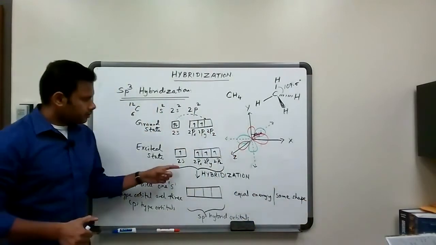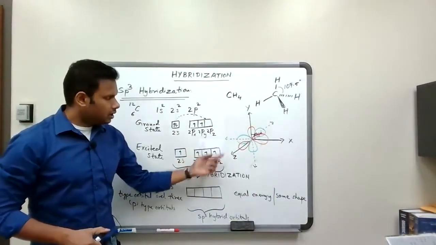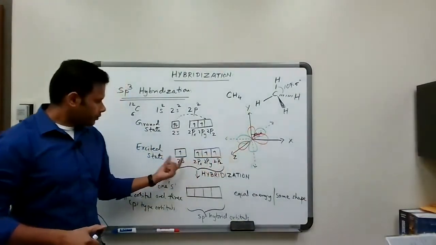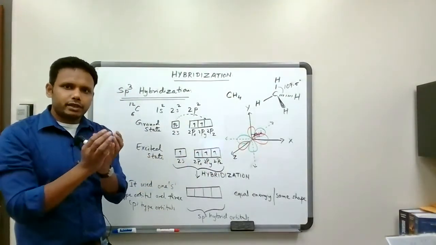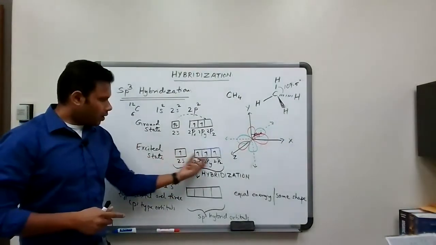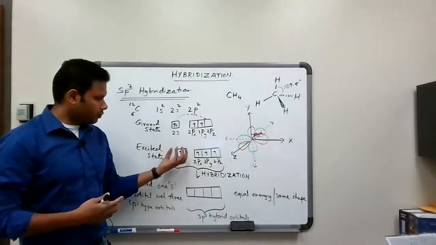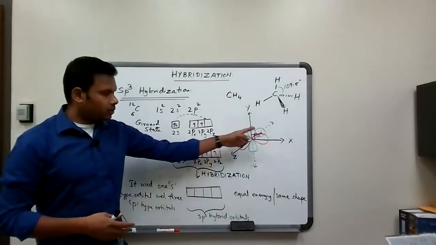Earlier we realized that the px, py, and pz orbitals were all dumbbell shaped. What's the shape of an s orbital? It is spherically symmetrical, like a sphere, like a ball. So we had one orbital that was a sphere and three other orbitals that were dumbbells.